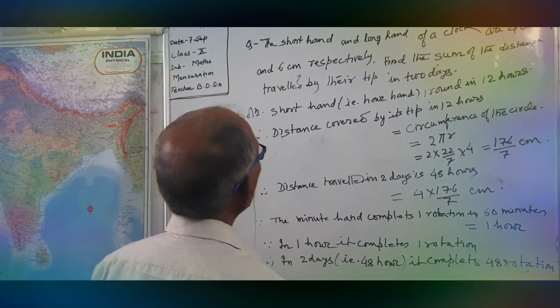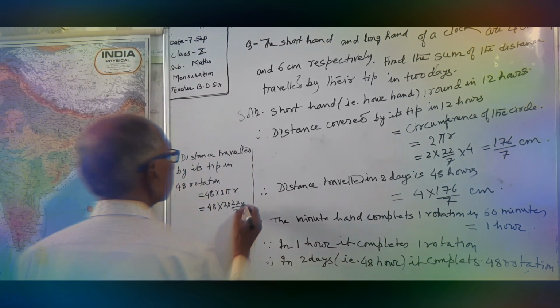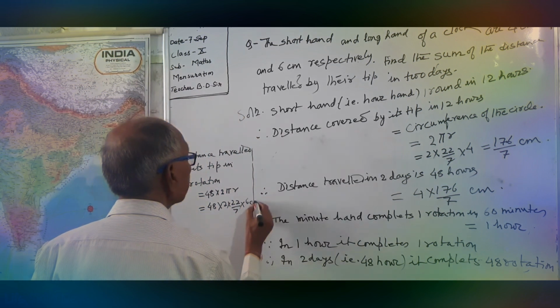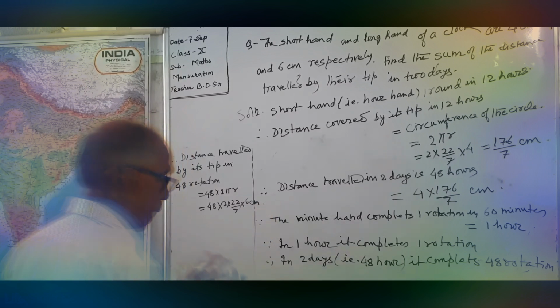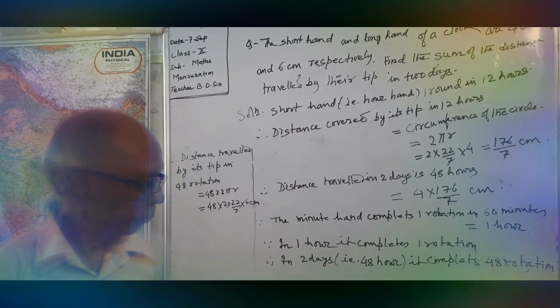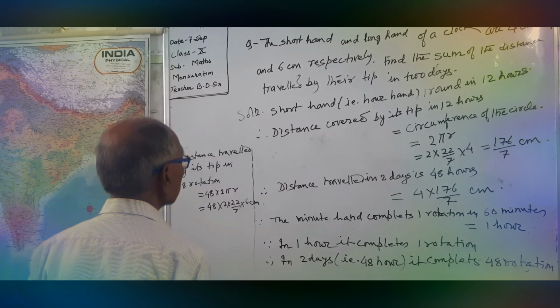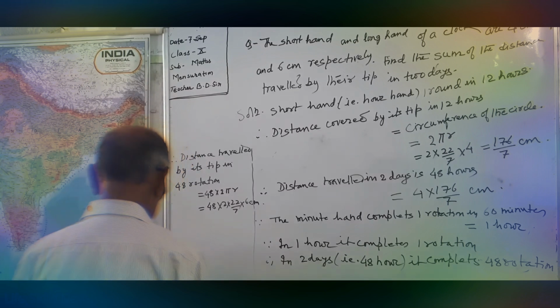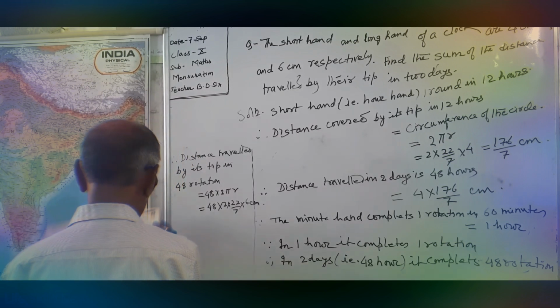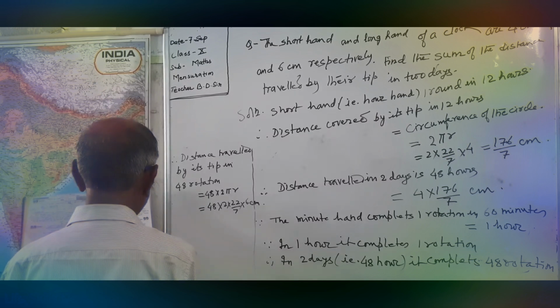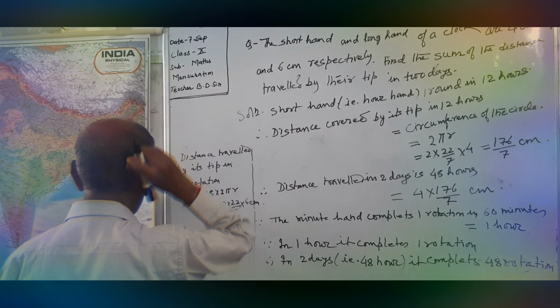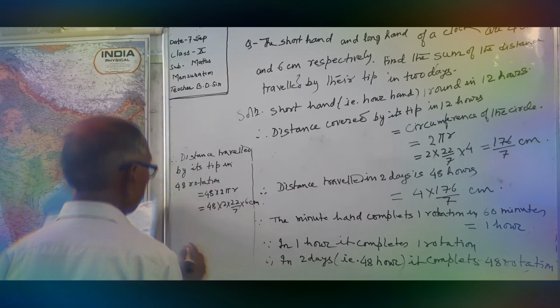Long hand of the clock is 6 centimeter. After multiplying, we get the result.